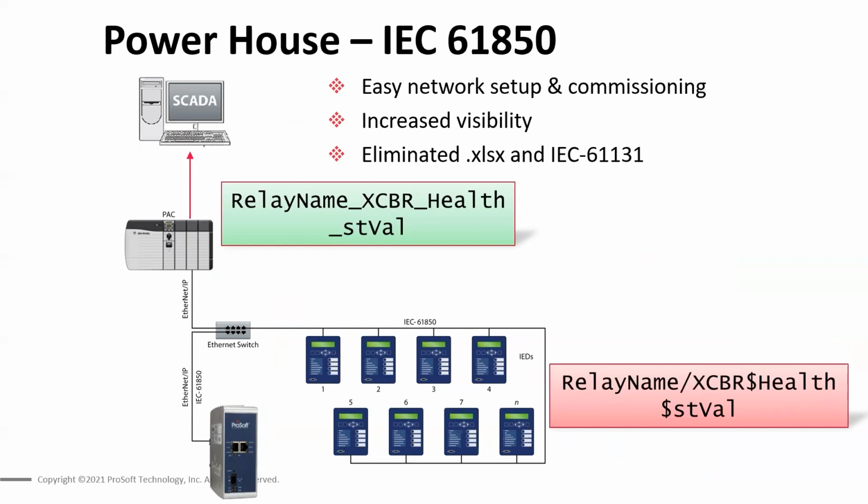By eliminating that standalone RTU device and utilizing one of our gateway modules, they were able to take that data model that was on the IEC 61850 network and bring that all the way up into the Rockwell ControlLogix network.